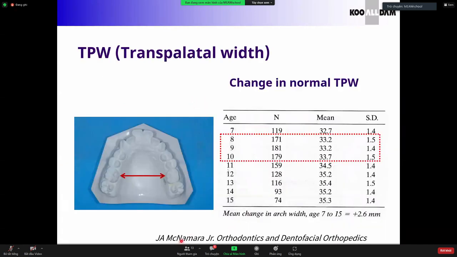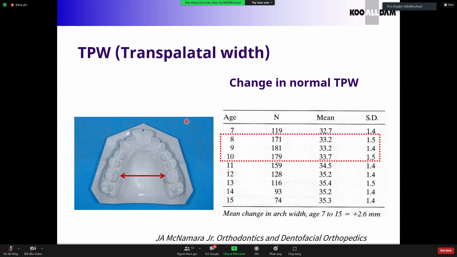As you know, this is from Dr. McNamara's paper, and especially after eruption of the upper first molar, this distance increases until 35.